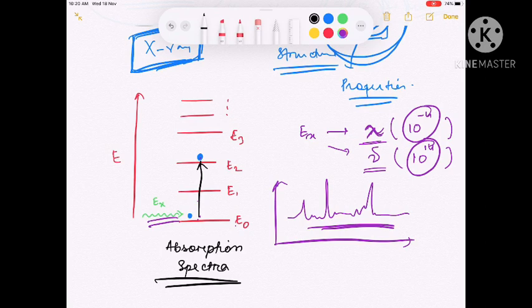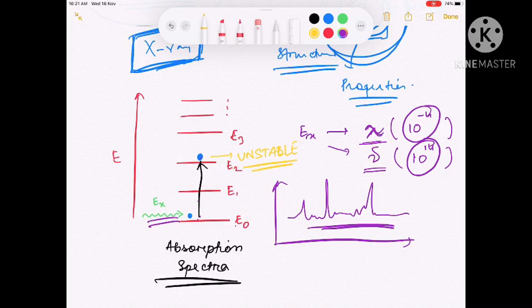Now you see, just the basic law of nature: everyone in nature tries to stay in the low energy level, the most stable state. So when this electron takes the energy, it will move to the E2 level. But it will be unstable because it has higher energy.